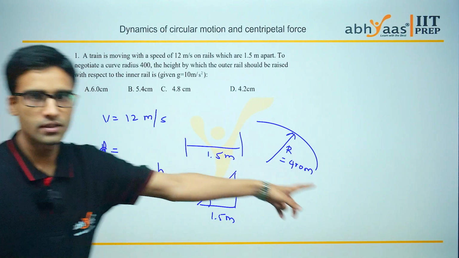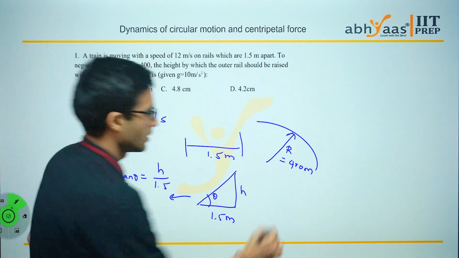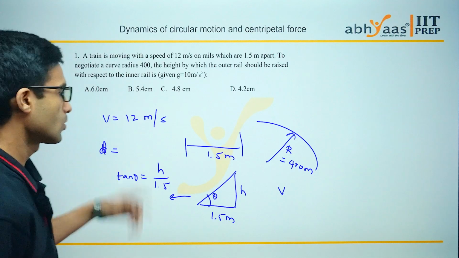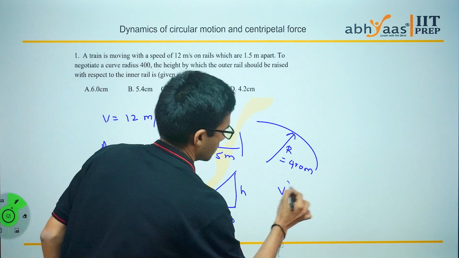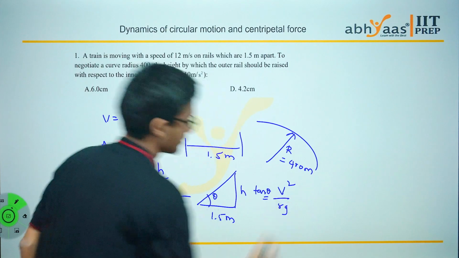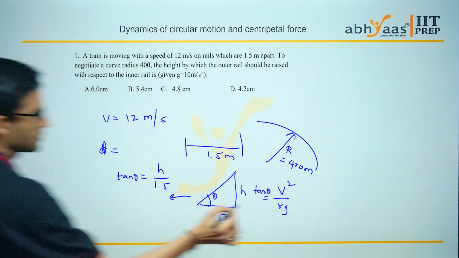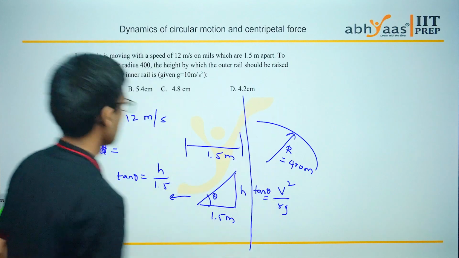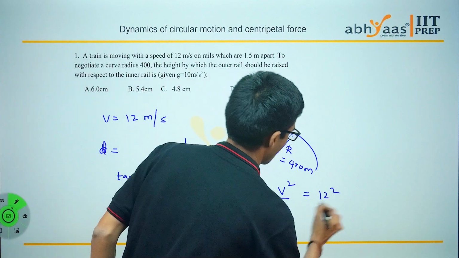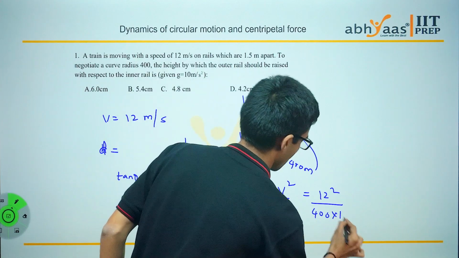Similarly, from this banking concept, tan theta equals V square by RG. So both are the same. First calculate V square by RG here. V is 12, so 12 square, by radius, which is 400, and G value is 10.